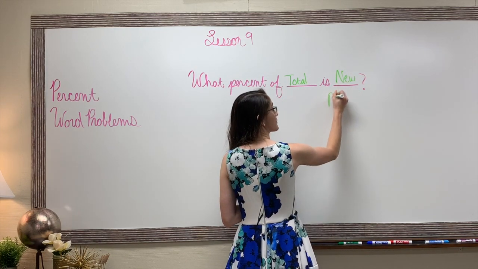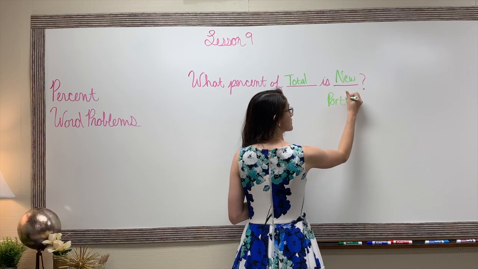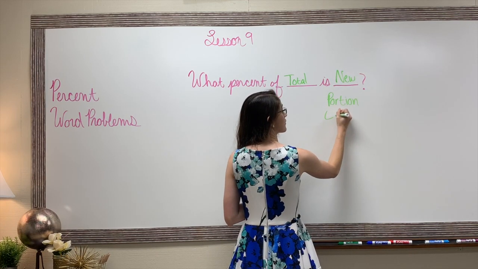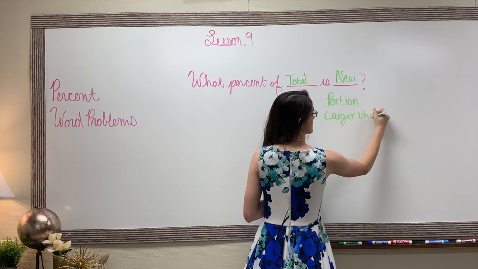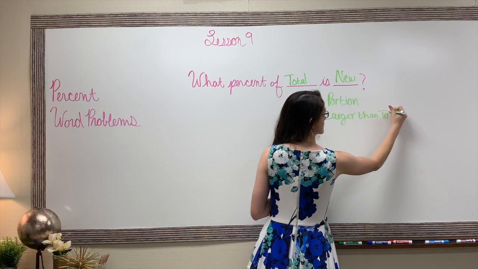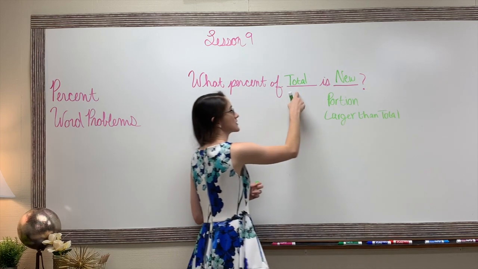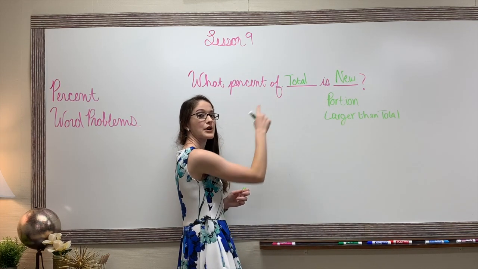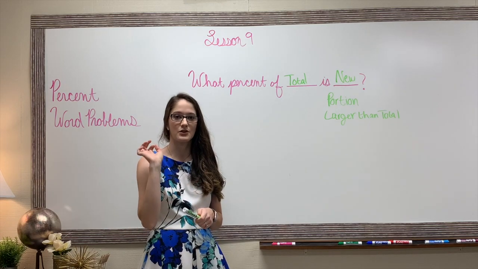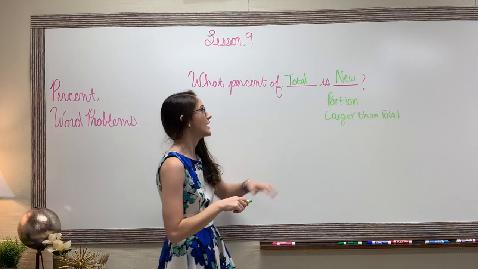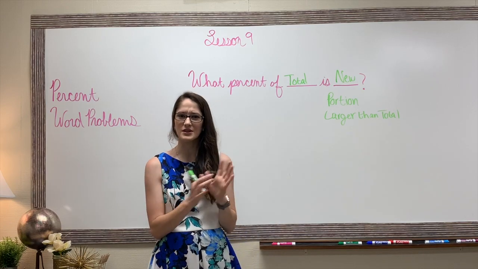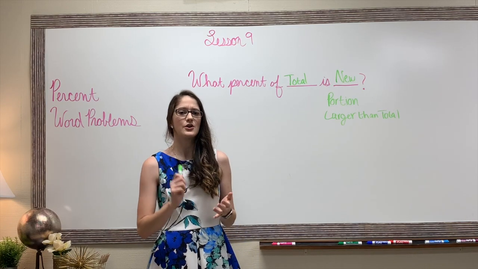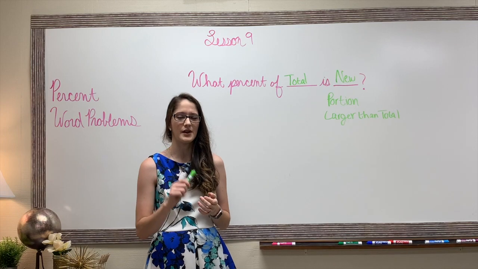Sometimes it will be a portion, or it will be larger than our total. It varies, but you'll usually see for our total number, it will be very close to our word of, and then our new will be closely positioned to is, or the result of, and things like that.